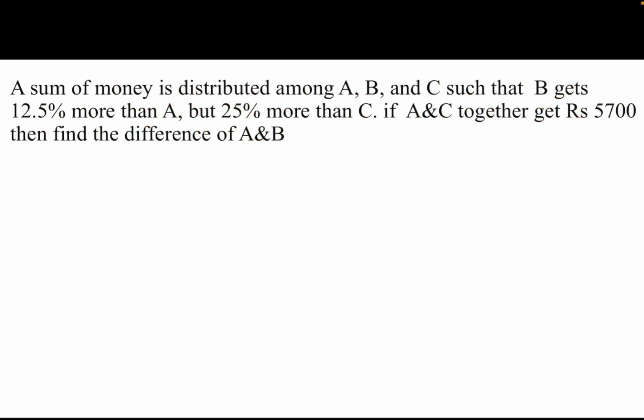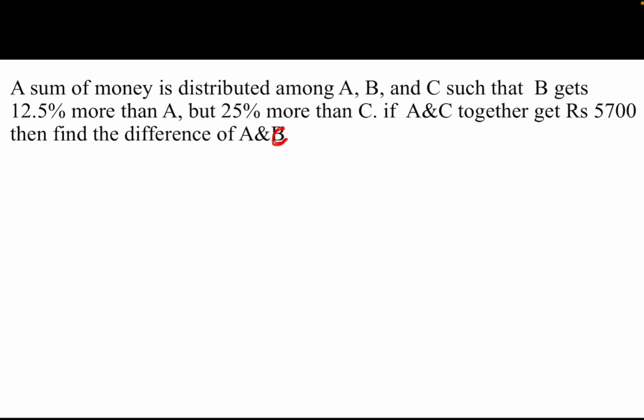The first problem says that a sum of money is distributed among A, B and C such that B gets 12.5% more than A but 25% more than C. If A and C together get rupees 5,700, then find the difference of A and C. What is the question?